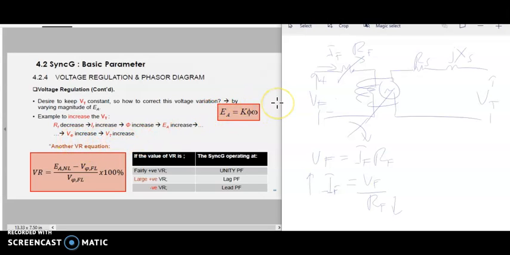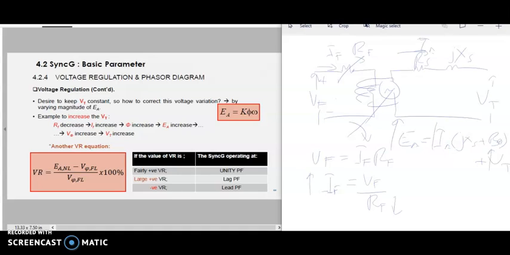And when your EA increases, you can see EA is equal to IA times (JXS plus RS) plus VT. Your EA increases, so for sure your VT will increase.